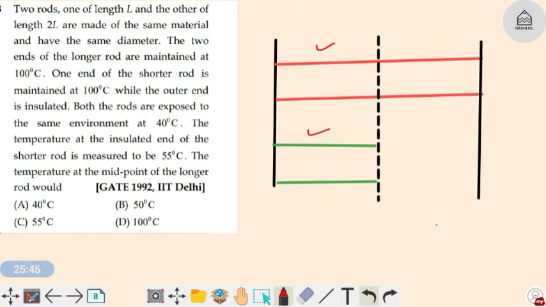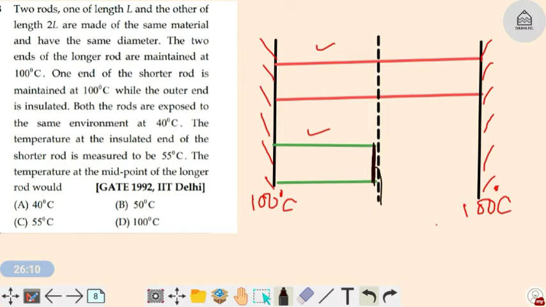The longer rod has two fixed ends, and both of them are at 100 degrees Celsius. For the short rod, this end is insulated. So the short rod will act as an insulated tip fin. Yes or no?